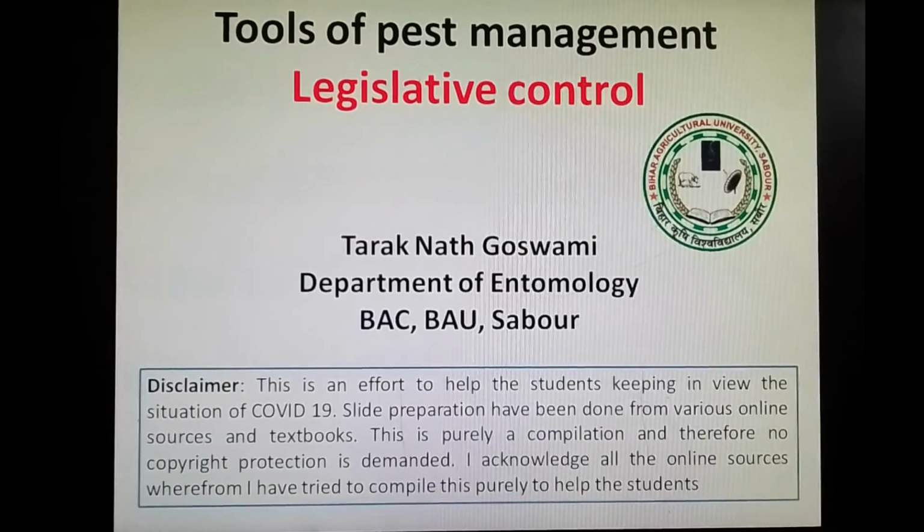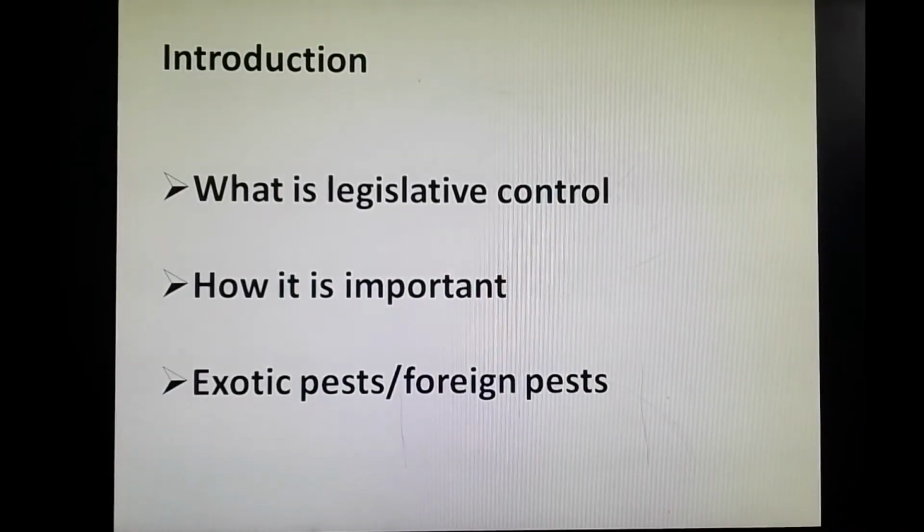So let's start the discussion on legislative control. Now, in your graduation study also, you were having one course which was integrated pest management, and there you have got to know what is legislative control, and I hope that you remember those days, those classes.